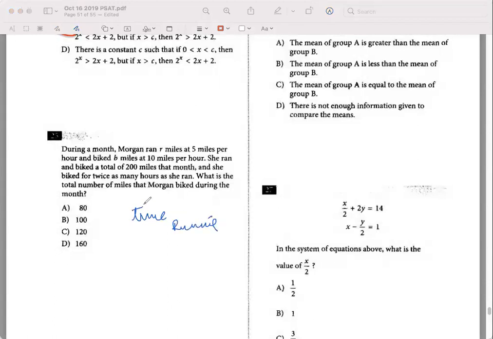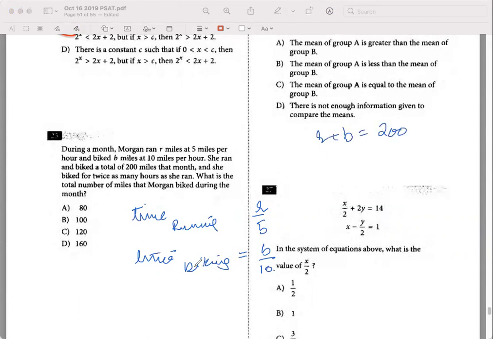Time for running would be the distance divided by the speed, right? And what is the time that she took for biking? It is B divided by 10, right? The total distance is 200 miles. So R plus B is 200, right?